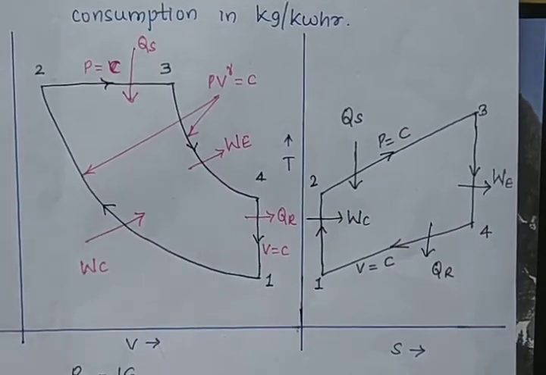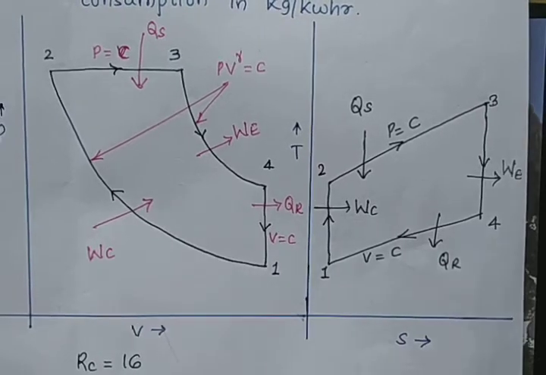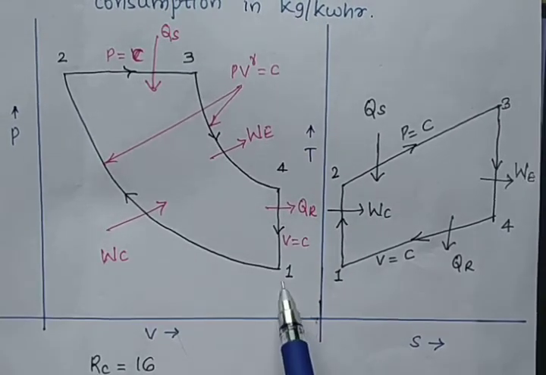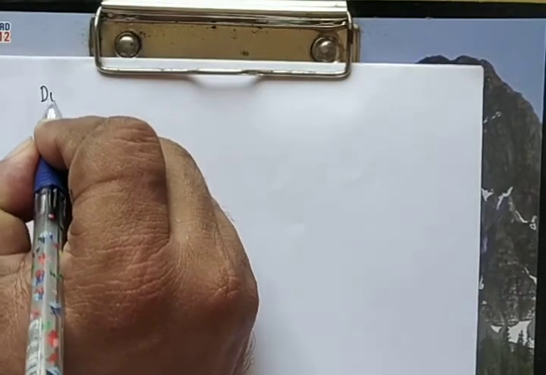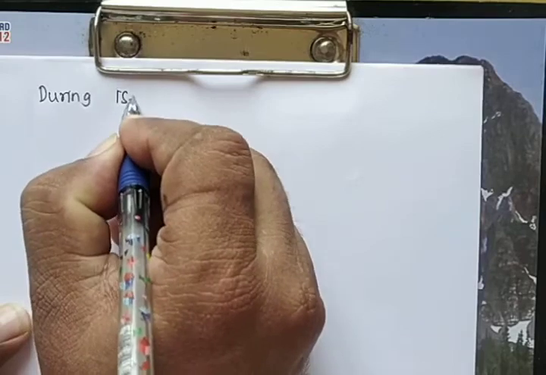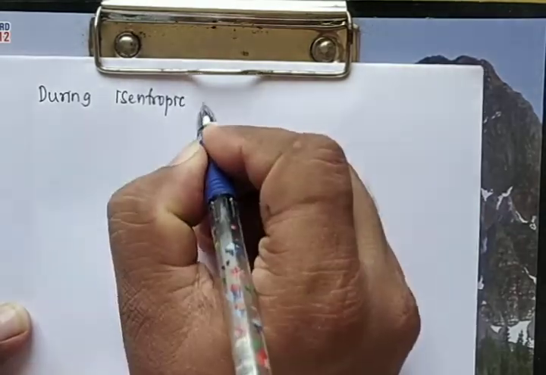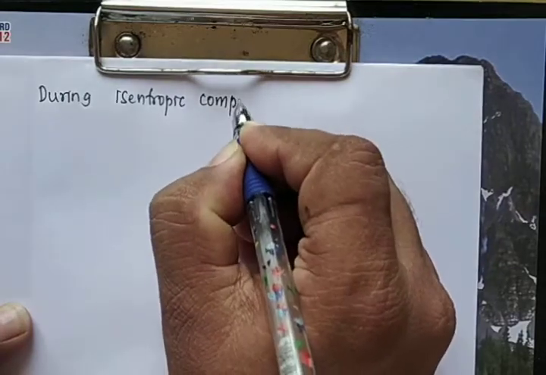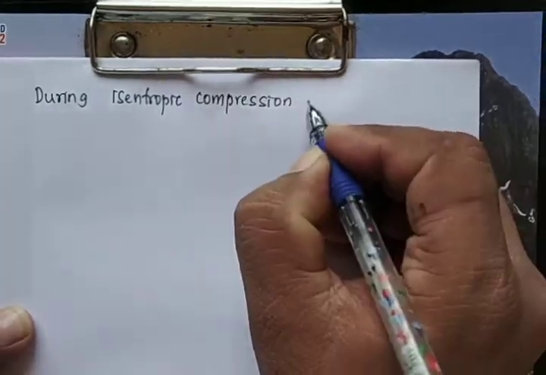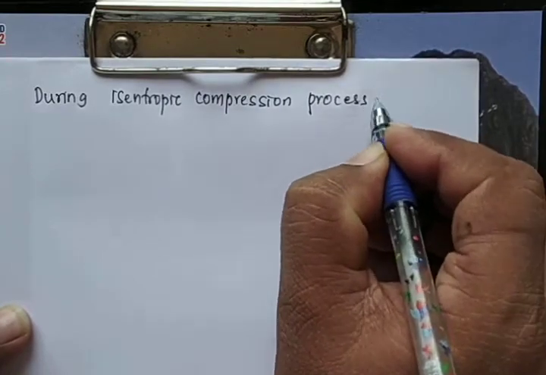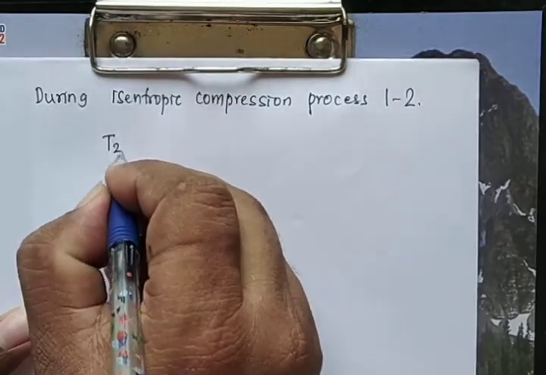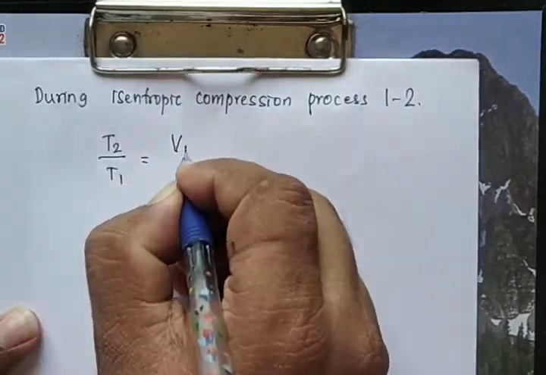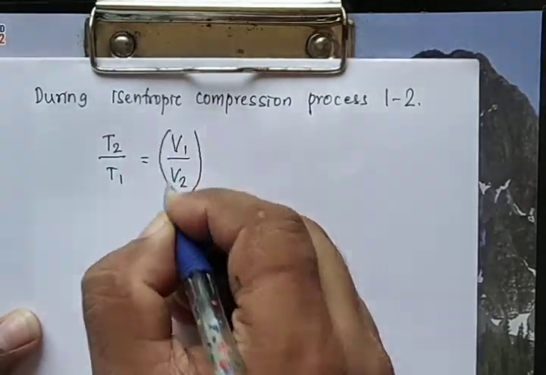So let us take the first process, isentropic compression process. You can see the PV diagram, that is isentropic compression process 1 to 2. So during isentropic compression process 1 to 2, what is happening? I can write T2 by T1 is equal to V1 by V2 whole raised to gamma minus 1.